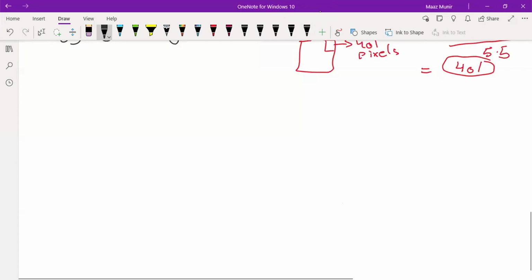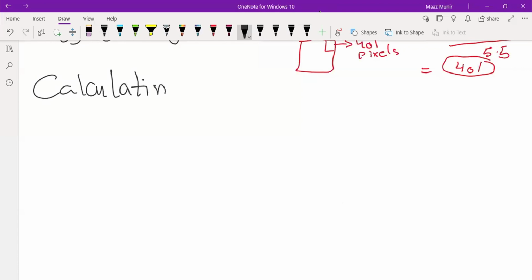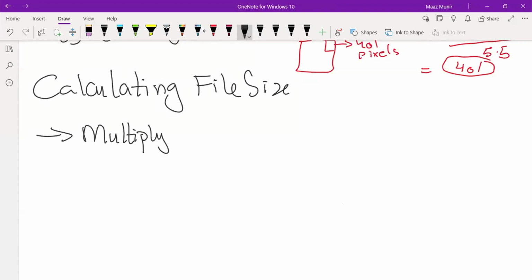And so now coming up to the important part, calculating the file size. So how do we calculate the file size? The basic way of doing that is you firstly multiply screen resolution, then you multiply the answer you get with the bit depth.